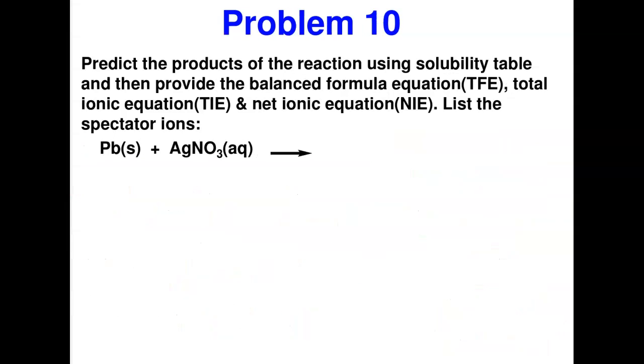If you look at the next problem, this problem is actually a single replacement reaction. Remember when we did it the first time, when I gave you the total formula equation and we were writing the total ionic and net ionic, we had a problem like this. So what do we do? Again, remember, lead exists as a solid, it cannot be broken up.